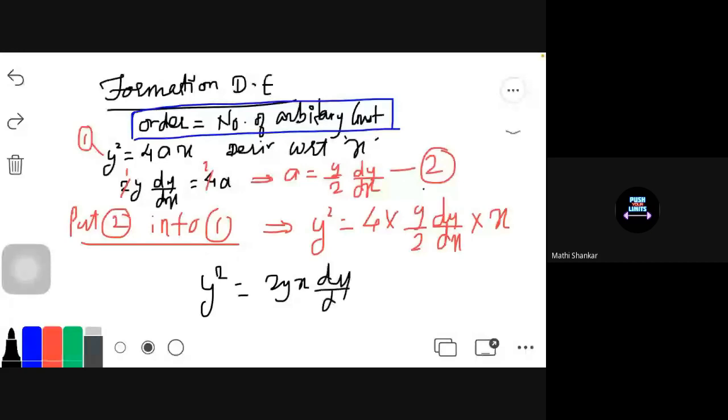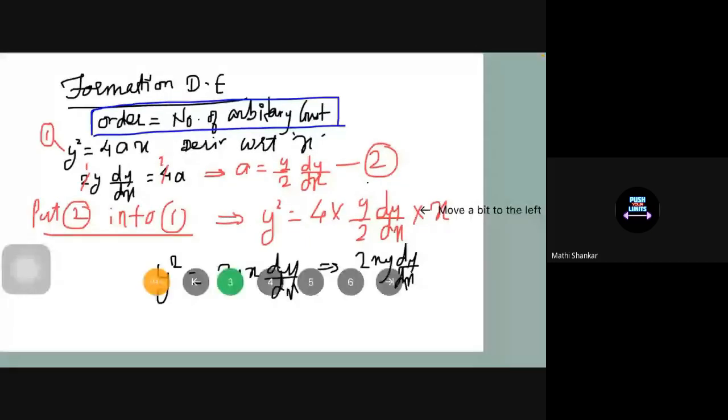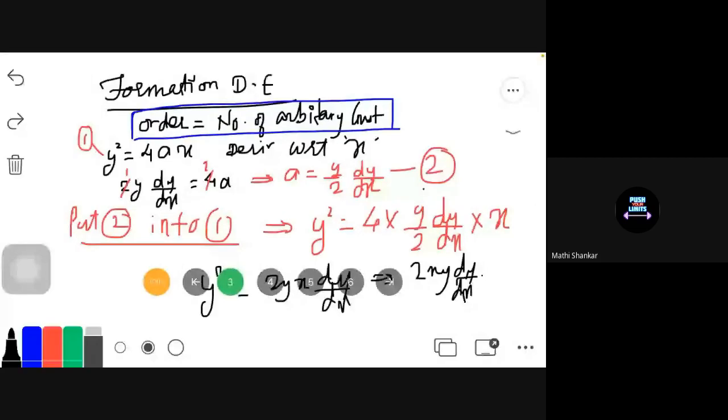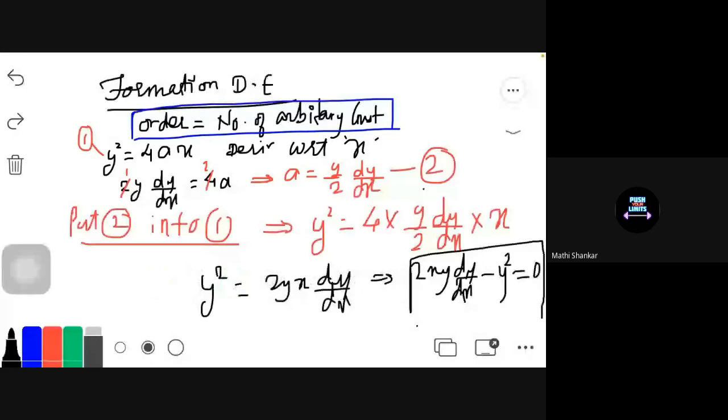by dx, which can further be written as 2xy dy by dx minus y square is equal to 0. So this is the required differential equation. Okay, so I wanted to form a differential equation.